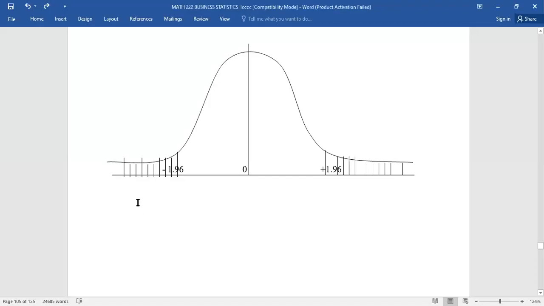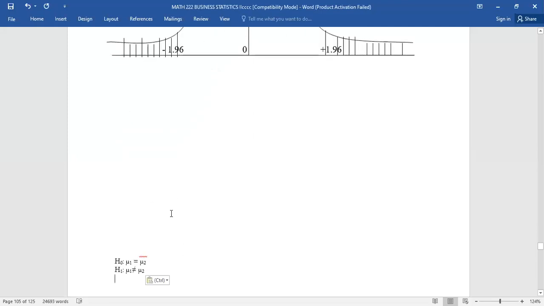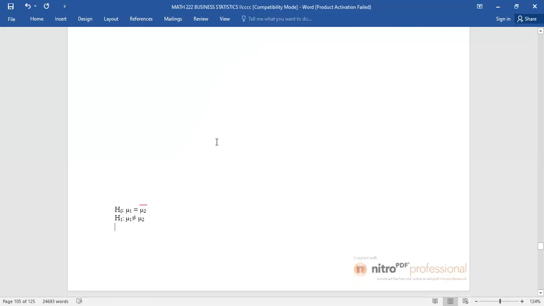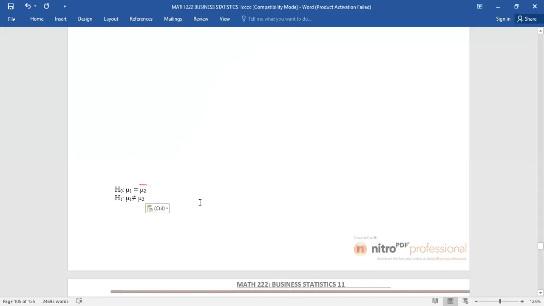Yeah, I got it. So this will be my hypothesis. I have a problem with Nitro PDF. It's just copying stuff where it's not needed.